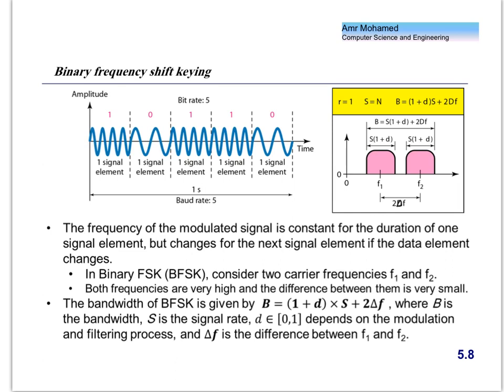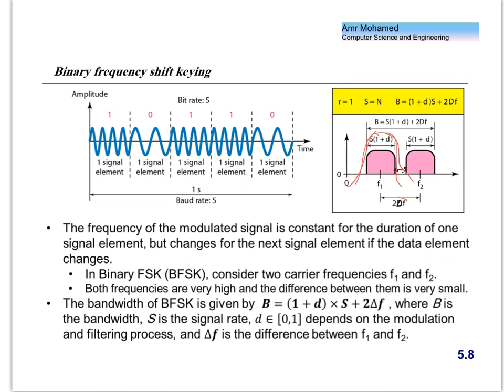2 delta F is arbitrarily chosen so that we have some kind of a guard band between the two, because at the receiver side, of course, as you can imagine, we're using some kind of filtering. However, these filters are never ideal. As you might have studied in signals, we always need to leave some guard bands between the signals so that we facilitate the efficient reception on the receiver side, because these filters are not ideal.